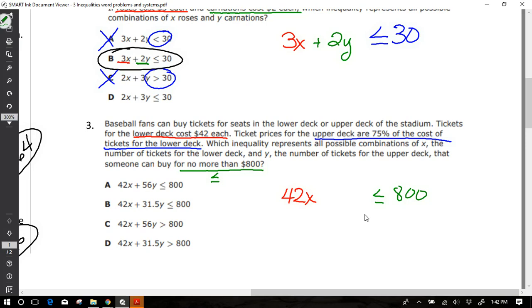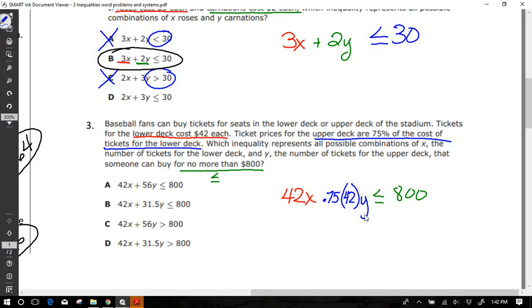And now let's talk about our Y value. The upper deck seats cost 75%. Let me switch to blue. 75% the cost of the lower deck tickets. Well, I know that the lower deck tickets cost $42. So that's what I'm going to get for my Y value. 75% of the cost means to multiply them together.